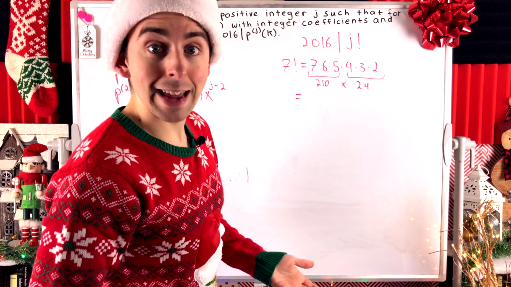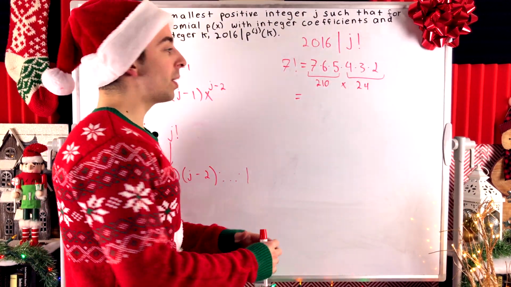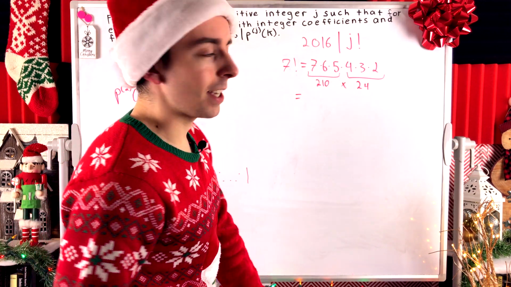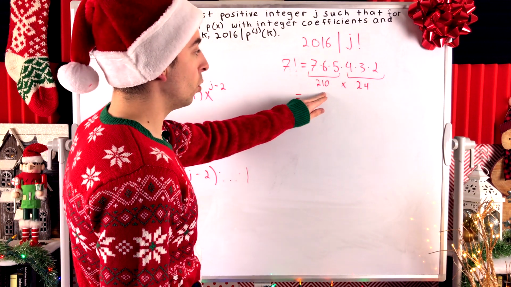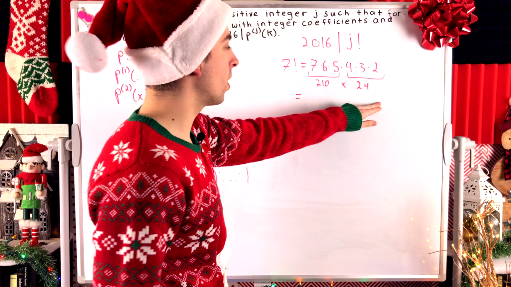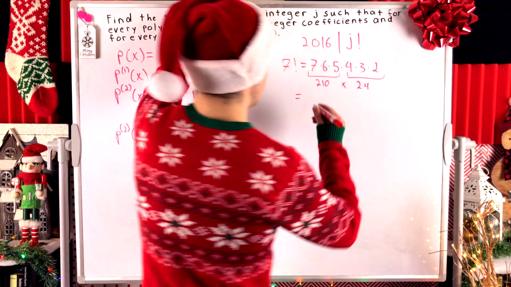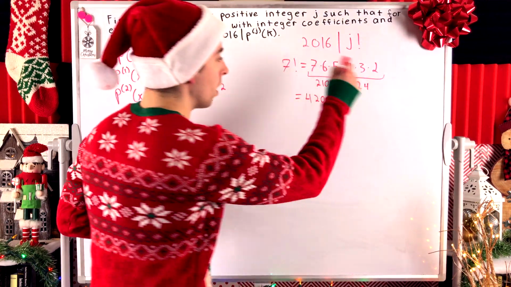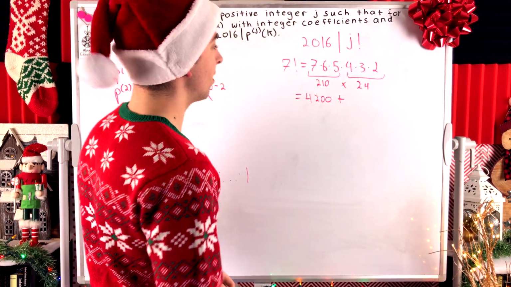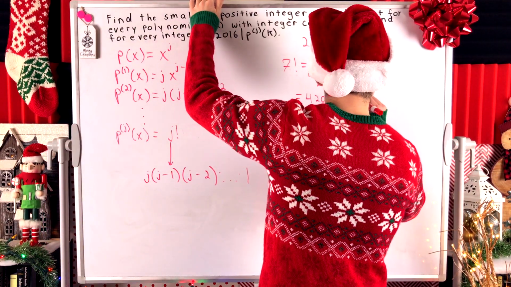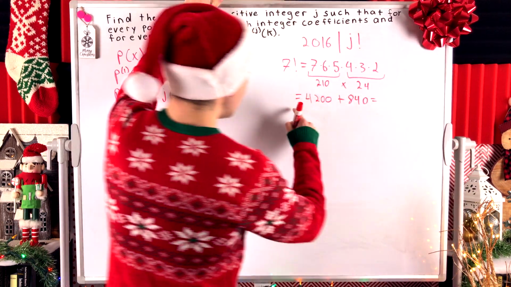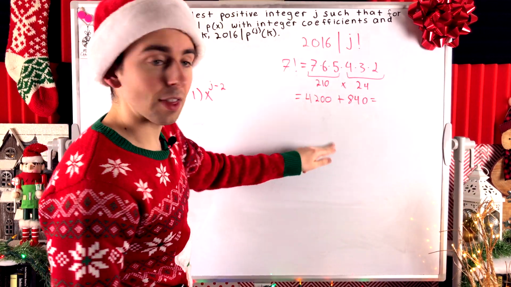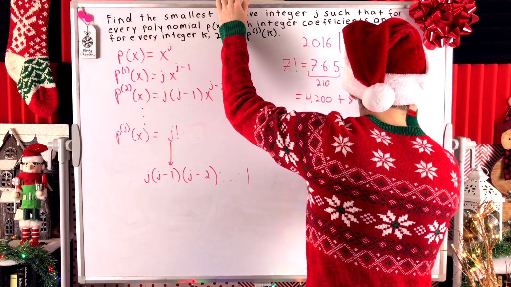To make that more manageable to do without a calculator, we can use the distributive property to calculate this as 210 times 20, which is 4,200, plus 210 times 4, which is 840. And then this, of course, is equal to 5,040.